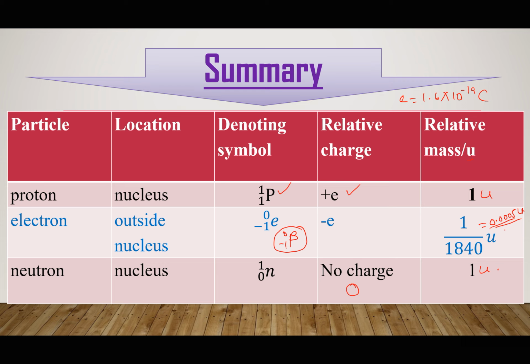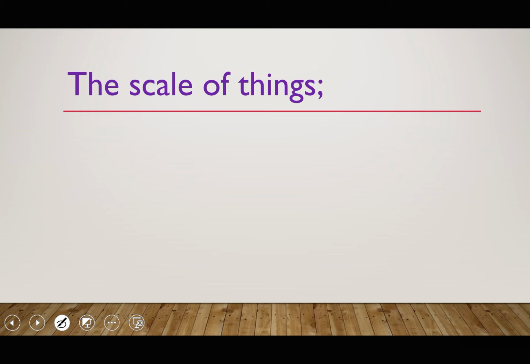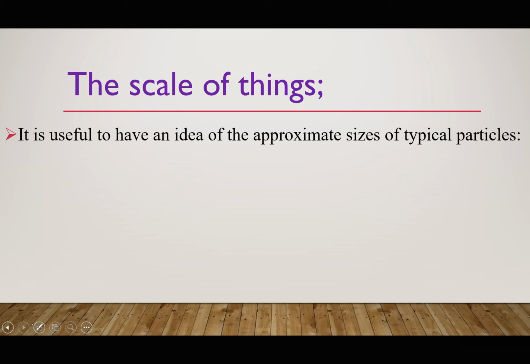So, having looked at the pattern of those particles and having explored Rutherford's scattering experiment, what is the scale of things? How do we know things today? It is useful to have an idea of the approximate sizes of typical particles. We have mentioned diameter of an atom, radius or diameter of a nucleus, and so on.